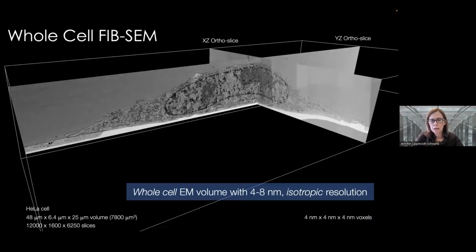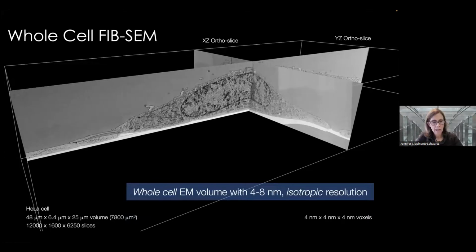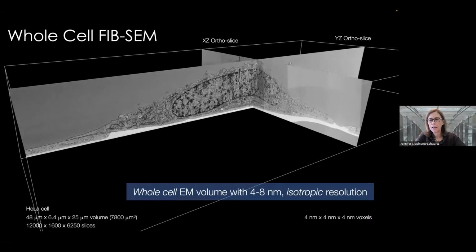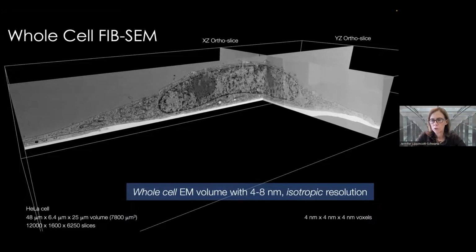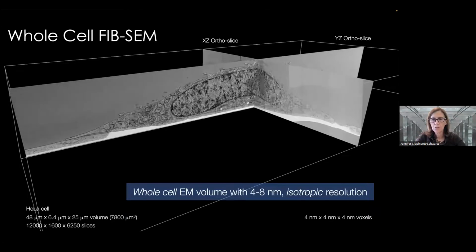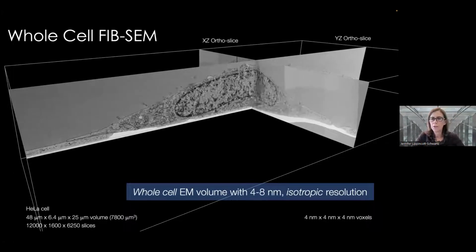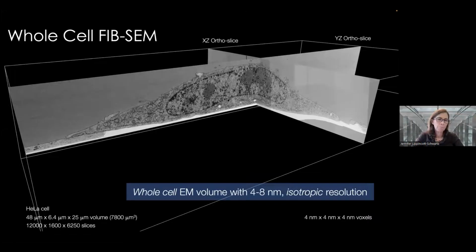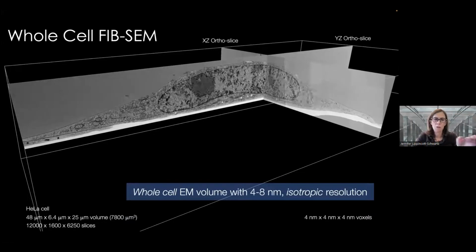That was possible because Shan Xu at Janelia has tuned the FIB-SEM microscopes so that they work seamlessly over many, many weeks. That's really important because in the initial tries at this, the FIB-SEM milling machine would stop.